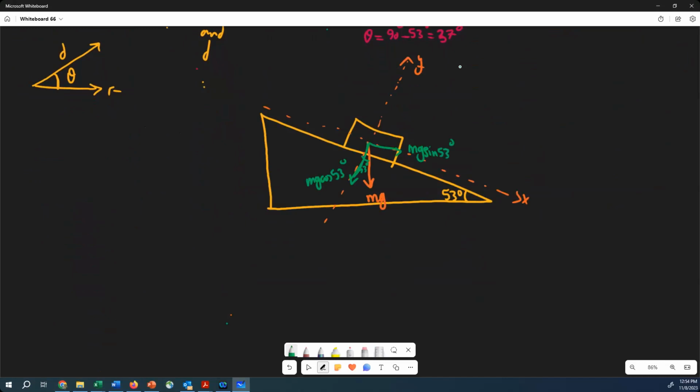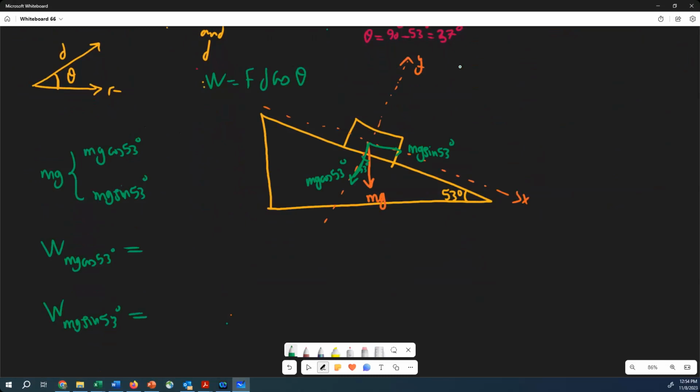Now, instead of one mg, we have two forces, mg cosine 53 and mg sine 53. It means we are supposed to calculate the work of two forces, the work of mg cosine 53 and the work of mg sine 53. Again we use the same formula, F d cosine of the angle between.